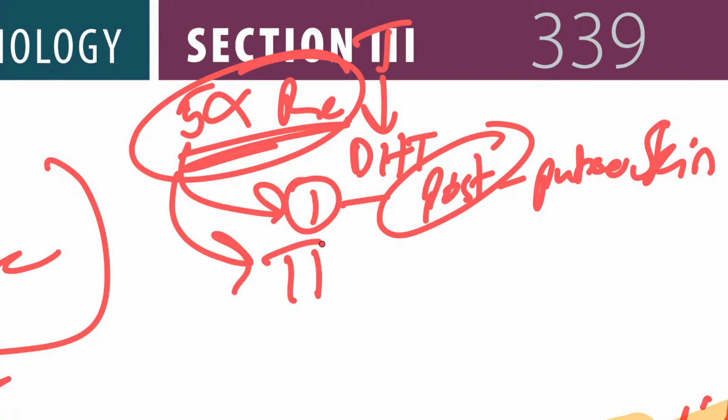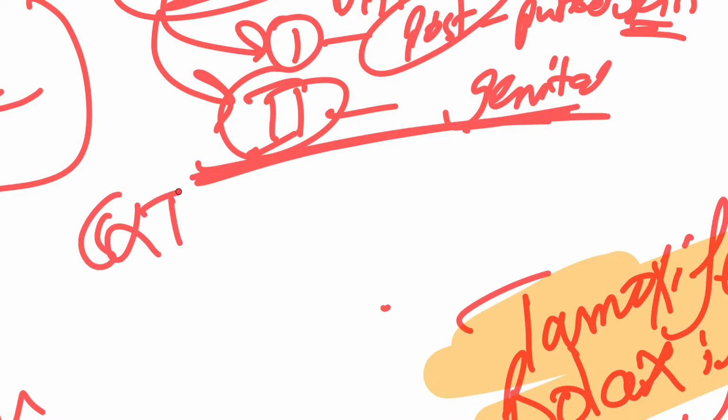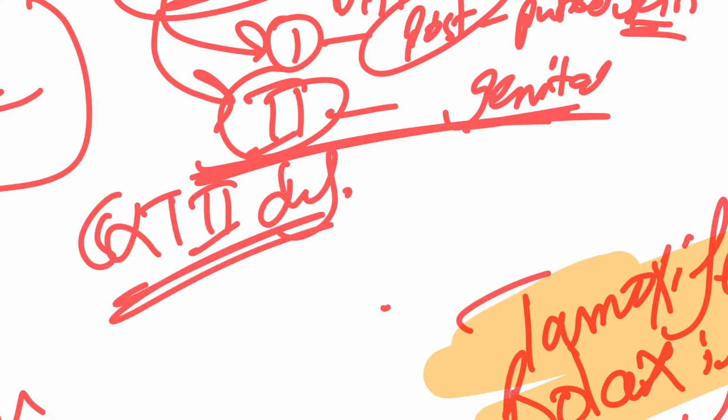And type 2, on the other hand, is going to be present in genitals. So one is in skin, one is in genitals. If you have a deficiency of your type 2, which is present in your genitals, so let's write it, 5-alpha type 2 deficiency, it's going to cause decreased DHT production, right?